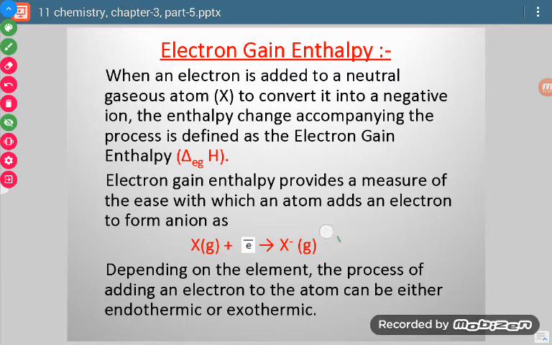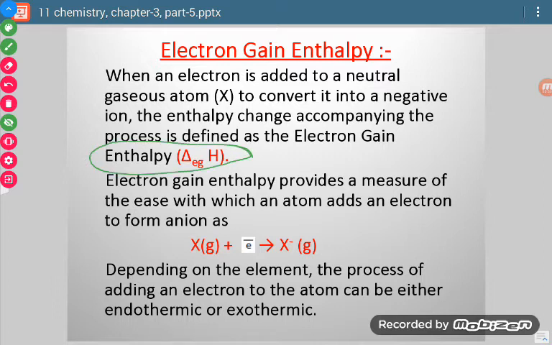So in electron gain enthalpy, what happens? We take a particular atom in its isolated gaseous state and then we add an electron to it, and there is formation of a negative ion. Now during this process, whatever heat is lost or gained, that is known as electron gain enthalpy.